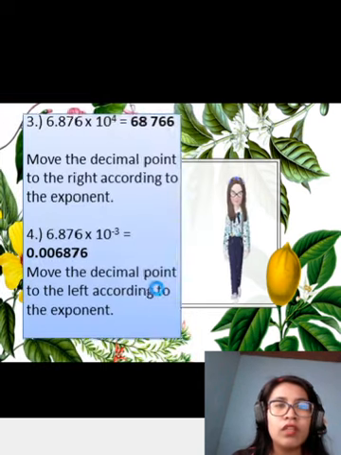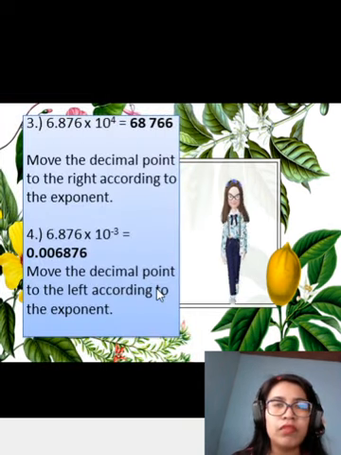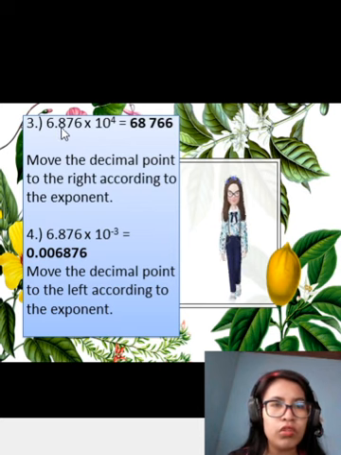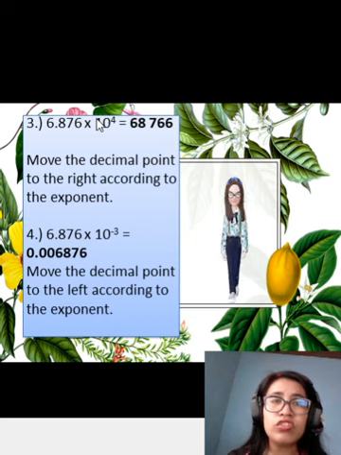Next. Okay, other one, from the scientific notation to the standard form. Okay, you will move now. This time, it's vice versa. From here, you will move to the right since it's a positive 4. So move to the right. 1, 2, 3, 4. Okay, the answer should be 68,760, not 66,760.